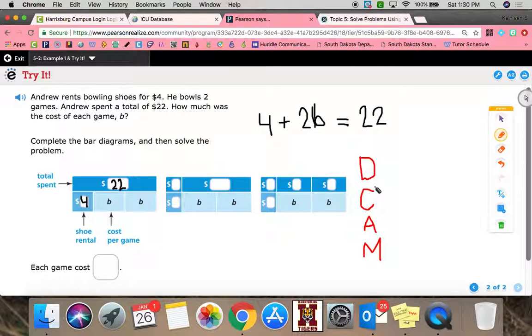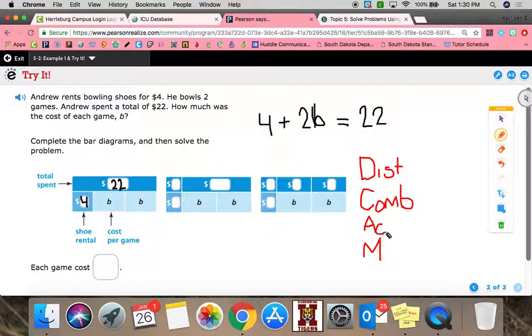We're used to PEMDAS, right? Please excuse my dear Aunt Sally. Well, when we're solving equations, it's actually kind of the reverse. This D doesn't stand for divide. It stands for distribute. And then C is combine, or comb for the sake of me using my mouse to write here.